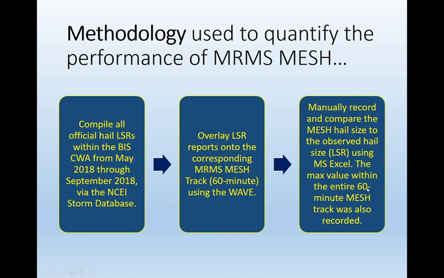And I also made sure to record the max value within the entire 60-minute MESH track, mainly because that's oftentimes what we use to craft our wording in our severe thunderstorm warnings or tornado warnings. We oftentimes are trying to message what we think are the largest possible hailstones within the storm, which is basically what the core of a MESH track would be trying to show you.